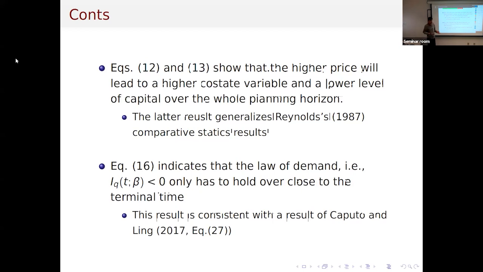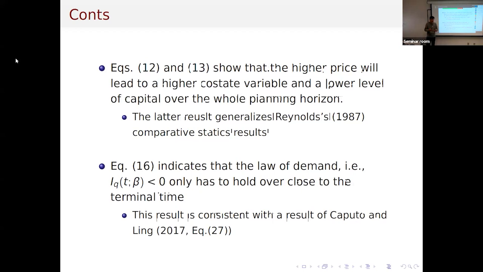Given this, two questions immediately follow. One is: can we get some extra assumption to make sure the law of demand will hold for the whole horizon? This is one possible question.